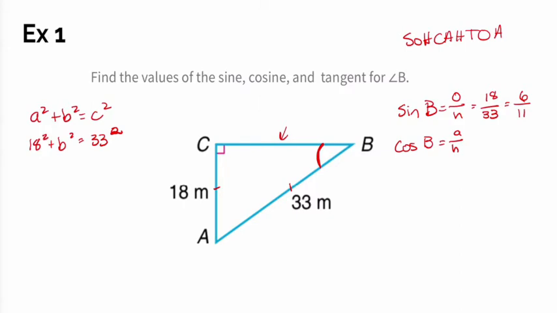That should be squared. So 18 squared is 324. 33 squared is 1089.